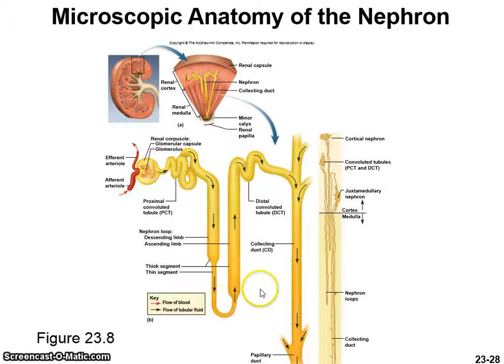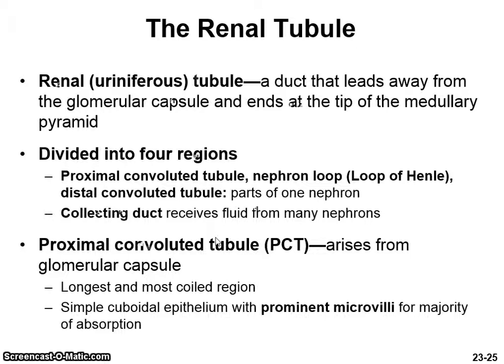It mostly flows out, and we're going to see why later on. But this also has a lot of active transport, so a large portion of the ATP goes to these parts, actually this part right here, the PCT, the proximal convoluted tubule, where active transport takes place.